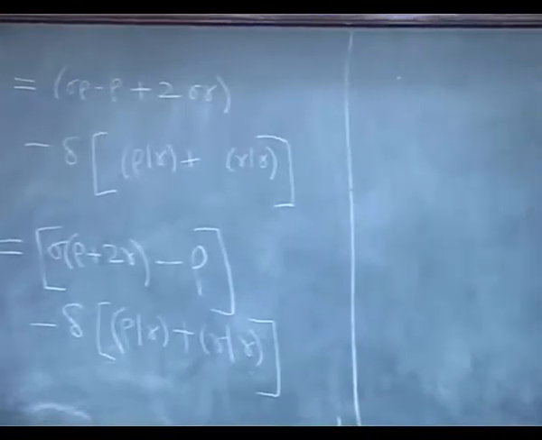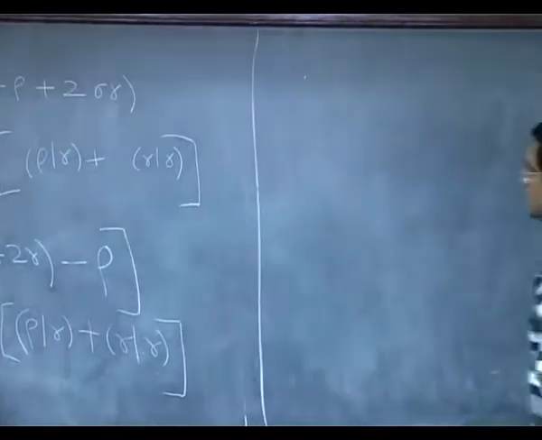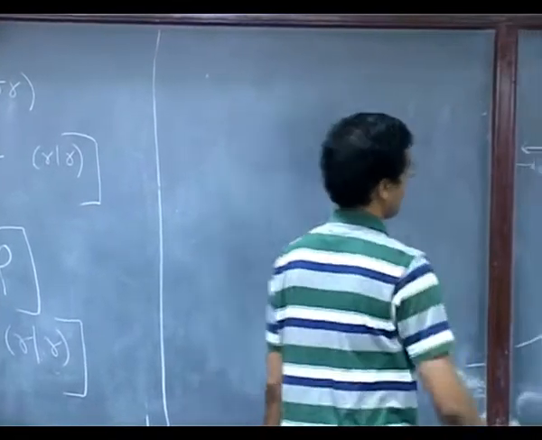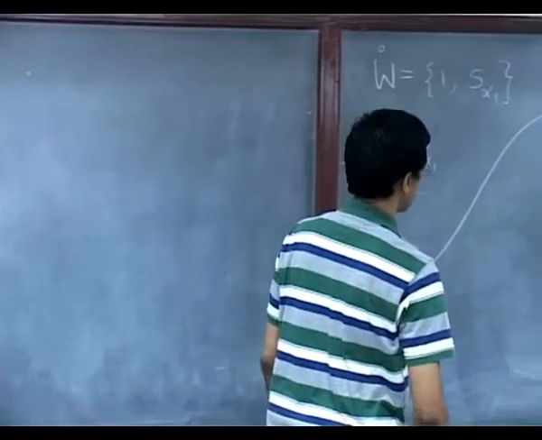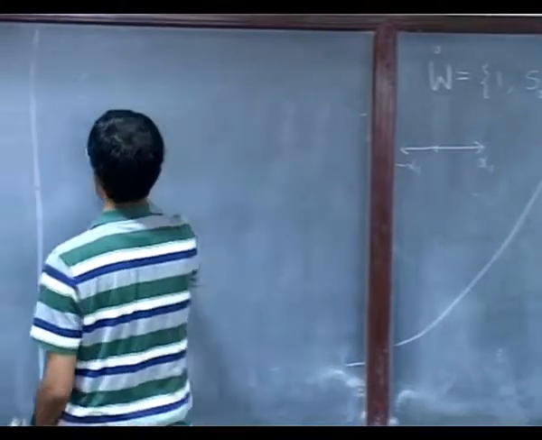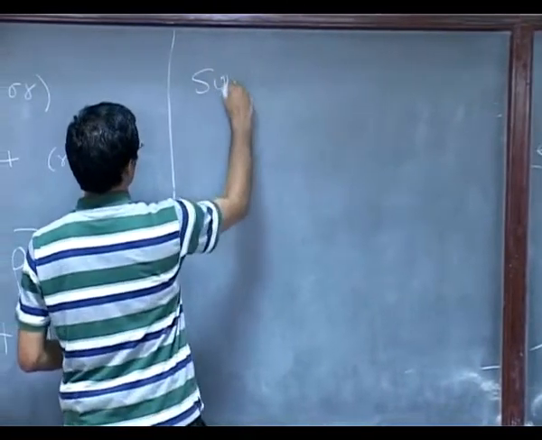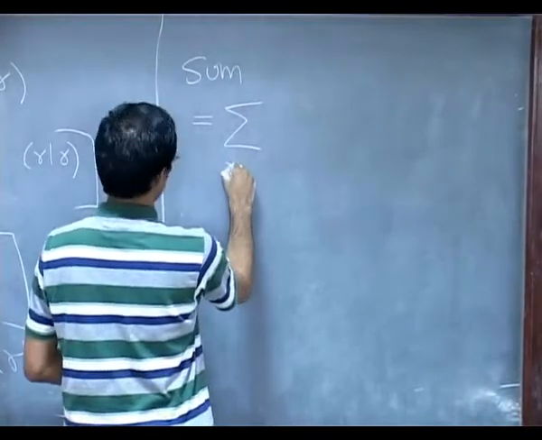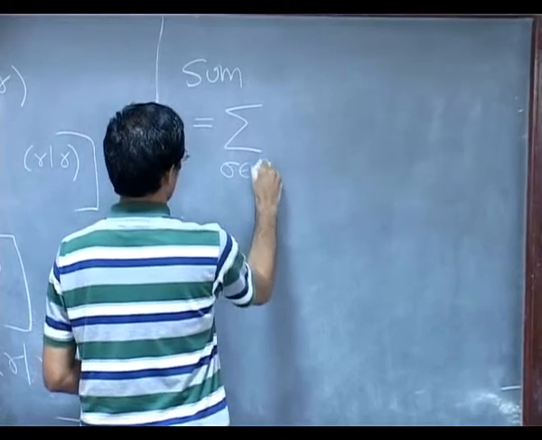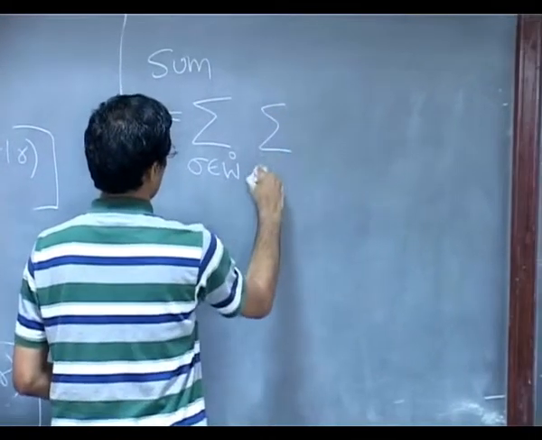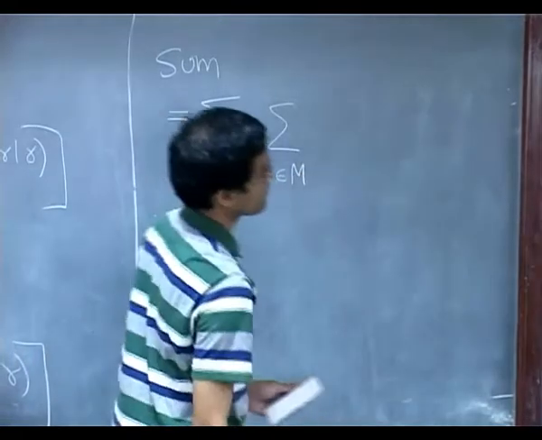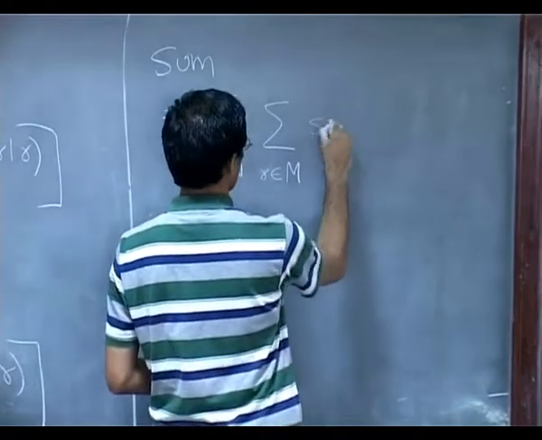Okay, so we have done this. I have forgotten where we were. Okay. So we now need to plug that into this formula. The sum side therefore equals the sum over all elements of W naught, sum over all gamma in M, sine of sigma.